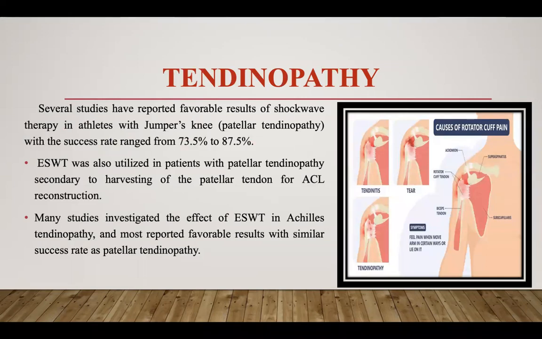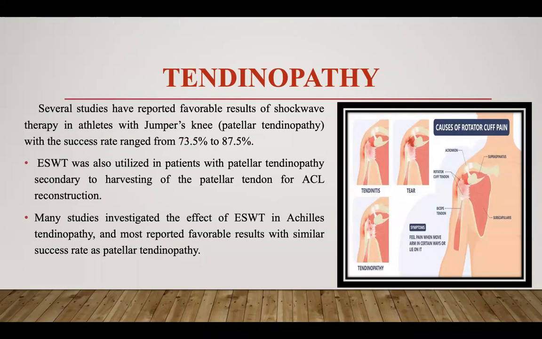Several studies have reported favorable results of shockwave therapy in athletes with jumper's knee, patellar tendinopathy, with the success rate ranging from 73.5% to 87.5%.